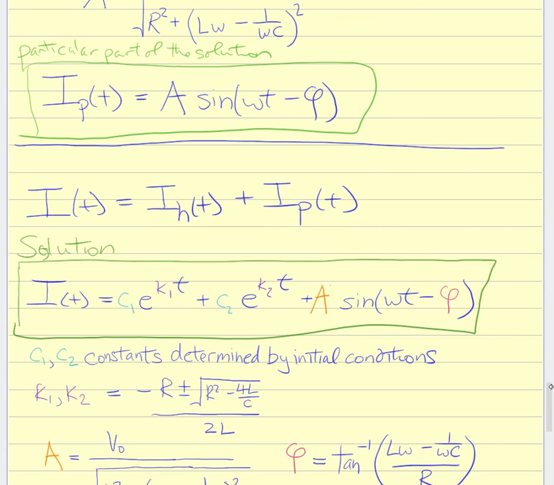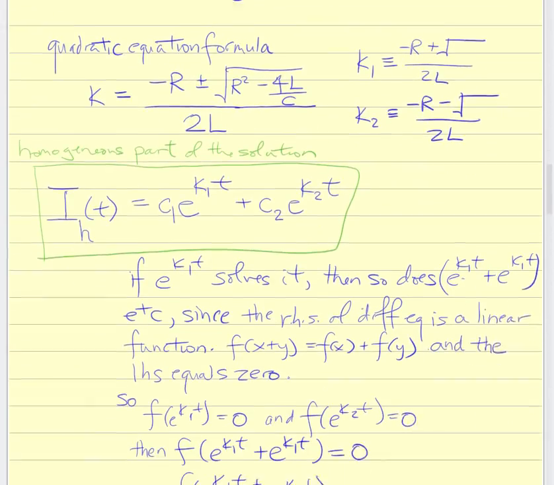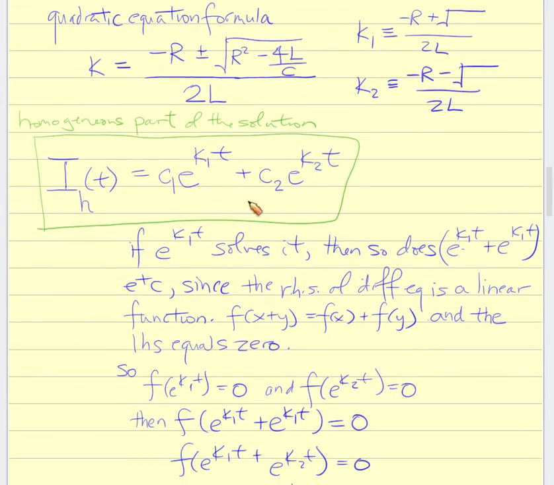So looking back at our homogeneous solution, we have a linear combination of e to the k1 t and e to the k2 t.